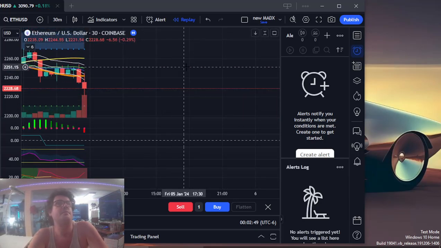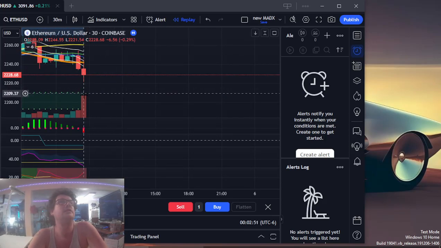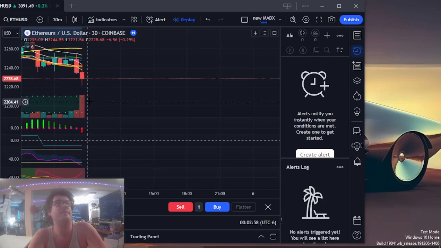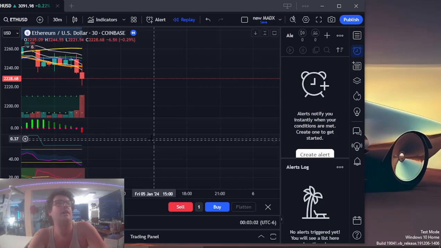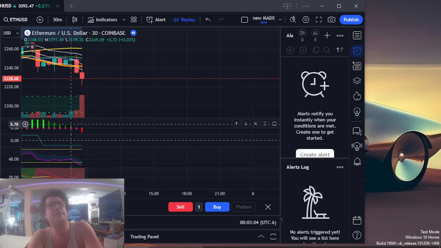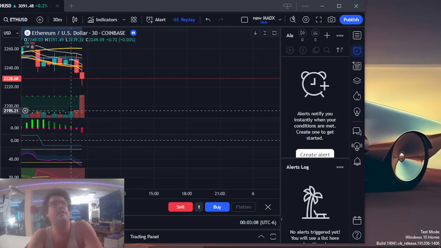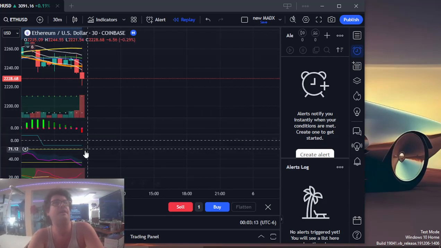Now that does touch the middle line. 1, 2, 3, 4. Alright, this is a trade setup. We've got uptrending volume. Now typically what we want for these descending oscillators right here is a medium, low, high volume pattern.